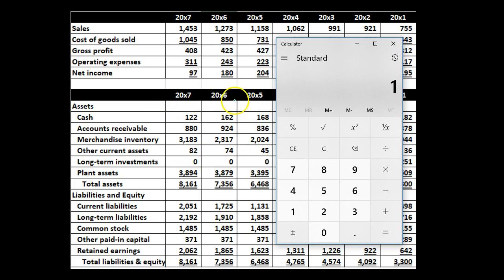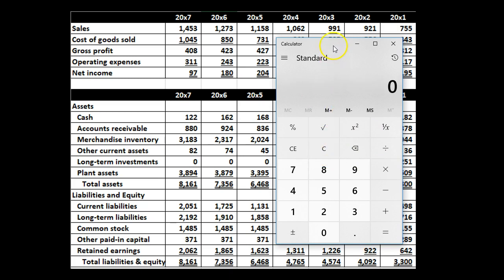Then if we go to year 2 in our trend, we're going to say the 921 divided by the 755, there's a 1.21 increase. So 2000x2 is 1.21, or 122% of 2000x1.